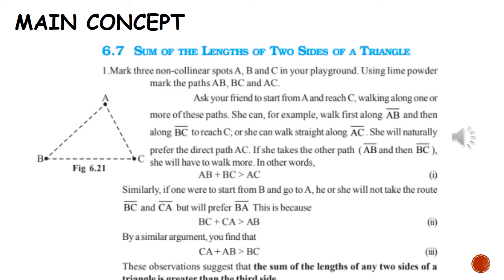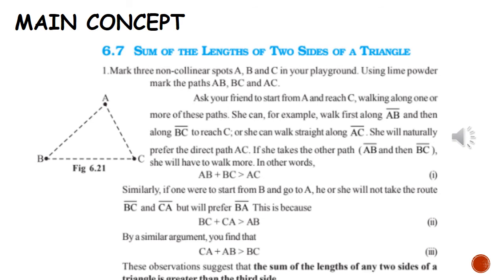For example, she can walk along AB and then she can also walk along BC to reach C, or she can walk straight along AC. She will naturally prefer the direct path AC. If she takes the other path AB and then BC, she will have to walk more. In other words, AB plus BC is greater than AC.